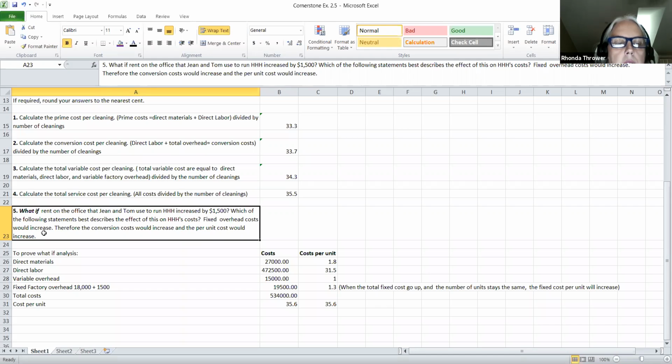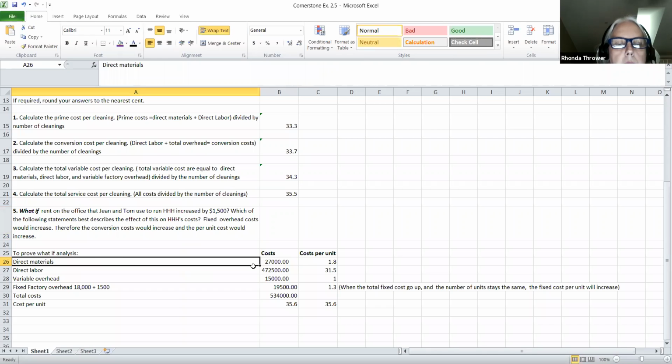Fixed overhead cost would increase, therefore the conversion cost would increase, and the per unit cost would increase. I've proved that by putting it back through the formulas that we used to calculate the total cost and the cost per unit.